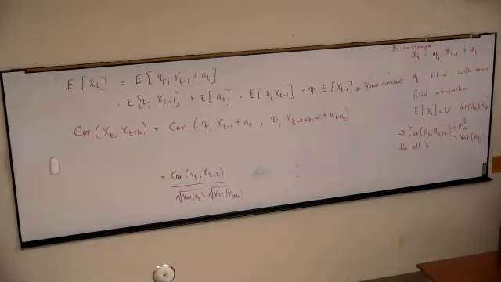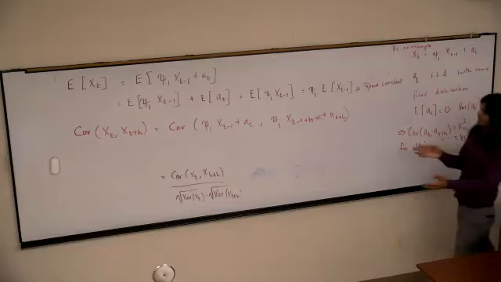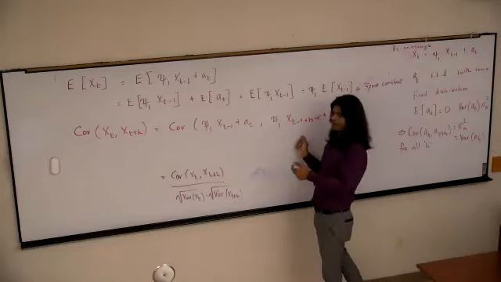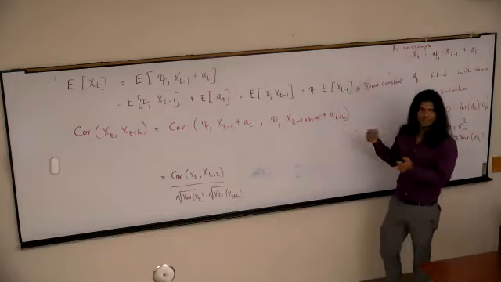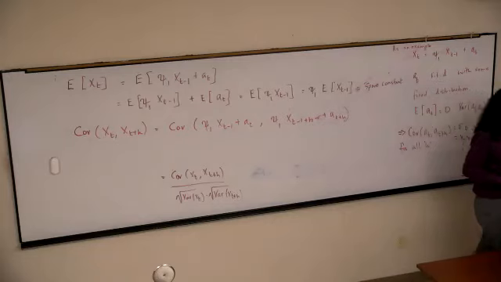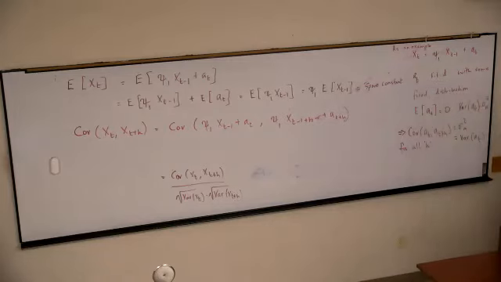Do you see what I did there? The first part is for x_t, the second part is for t plus h, so where there was t, I simply wrote t plus h.